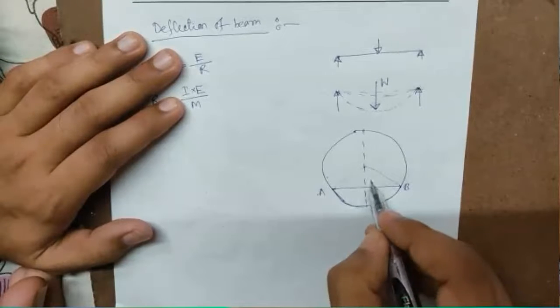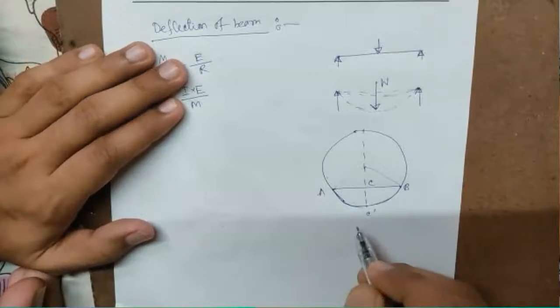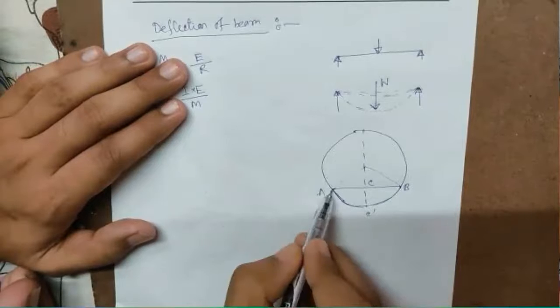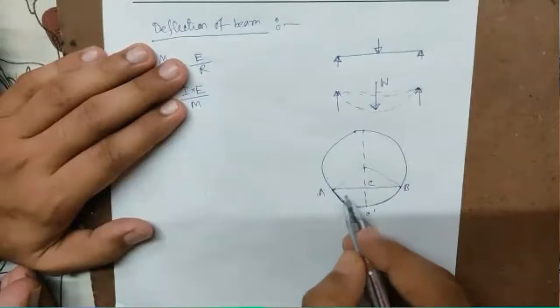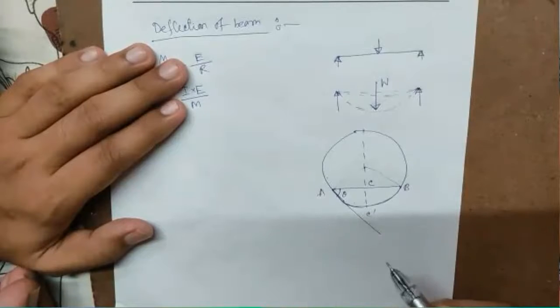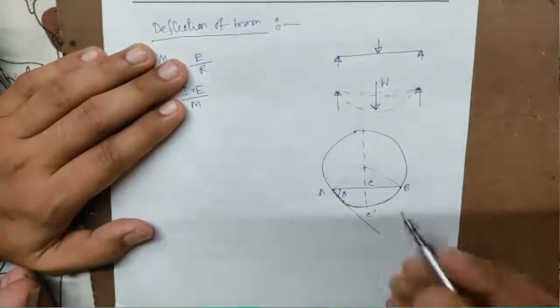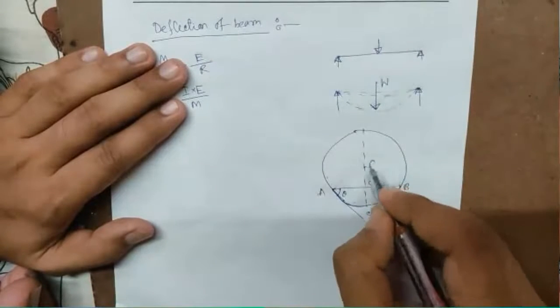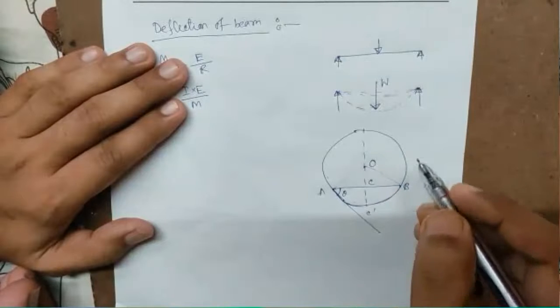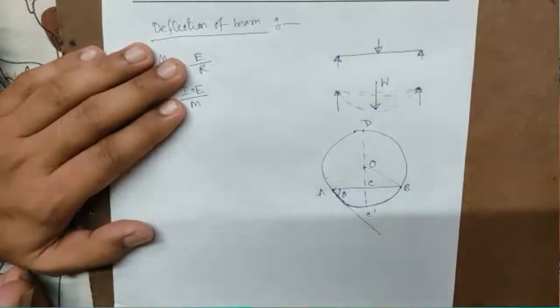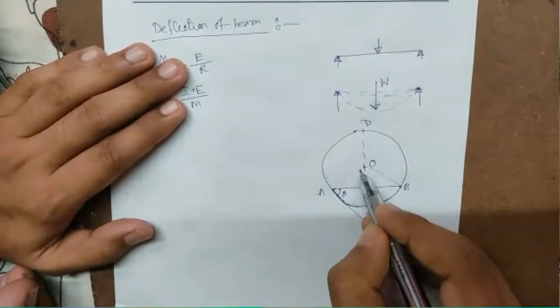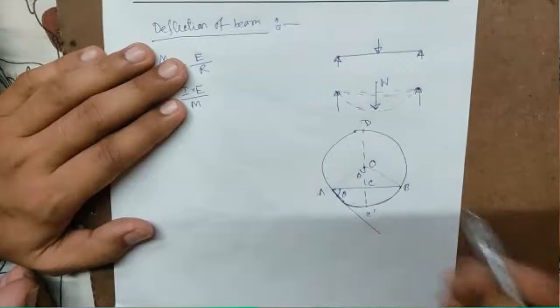So if this is C point, this will be C dash, and we can say that this bar has made an angle theta at A, and this can be named as O, the center of curvature. So this is D. If this angle is theta, this angle will also be theta.